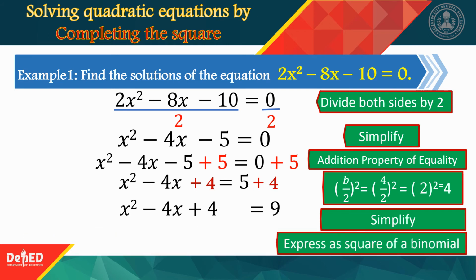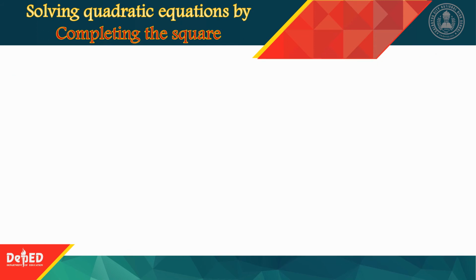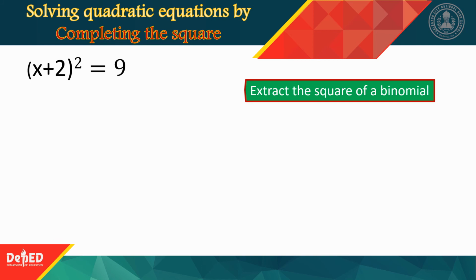Then express as the square of a binomial: the quantity x minus 2 squared is equal to 9. By extracting the square root, we have the square root of the quantity x minus 2 squared is equal to positive or negative the square root of 9.